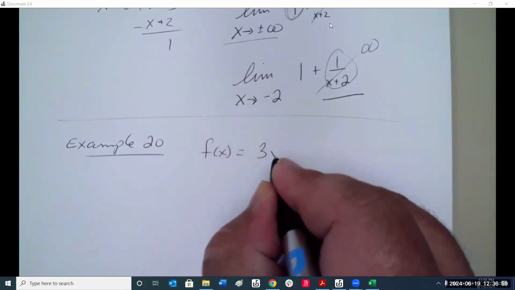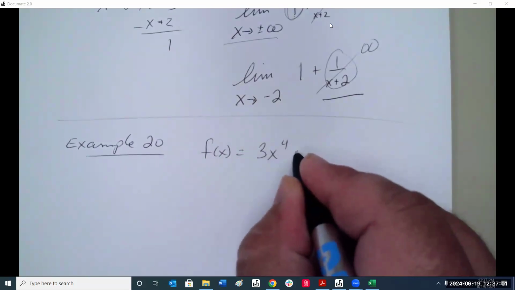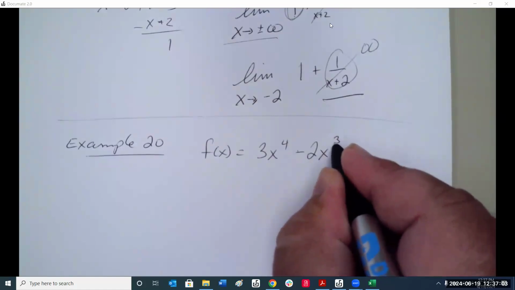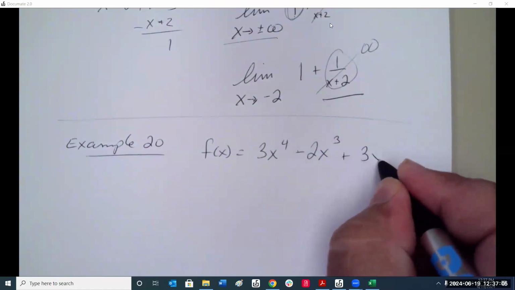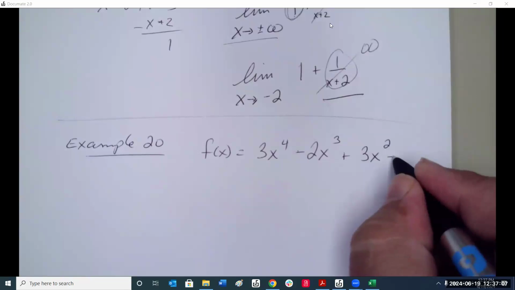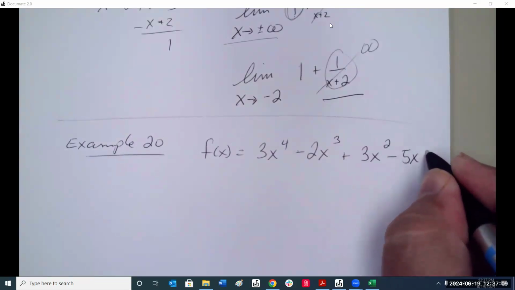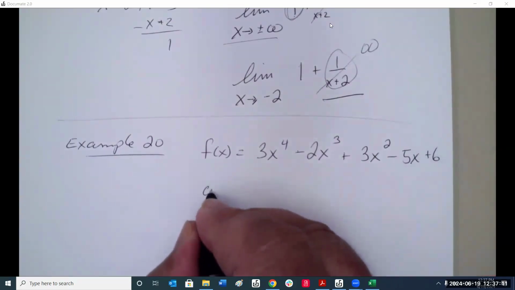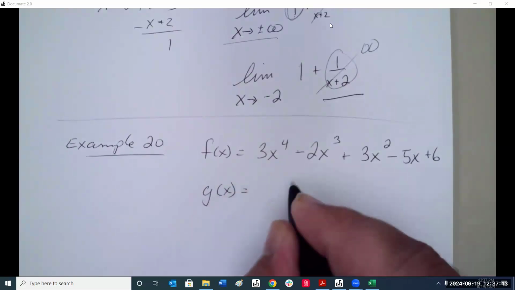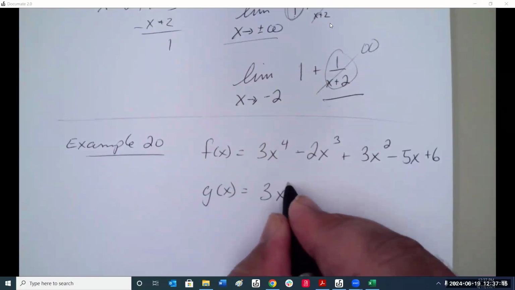f of x equals 3x to the fourth minus 2x cubed plus 3x squared minus 5x plus 6. g of x equals 3x to the fourth.